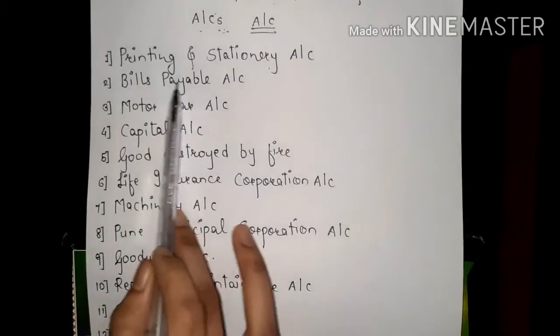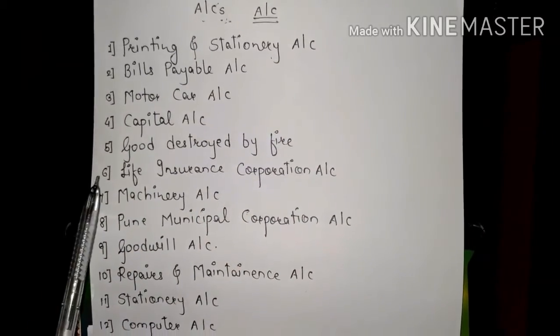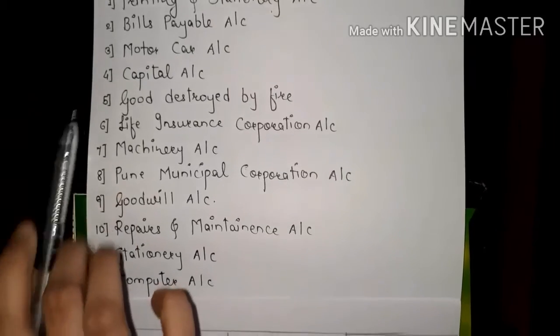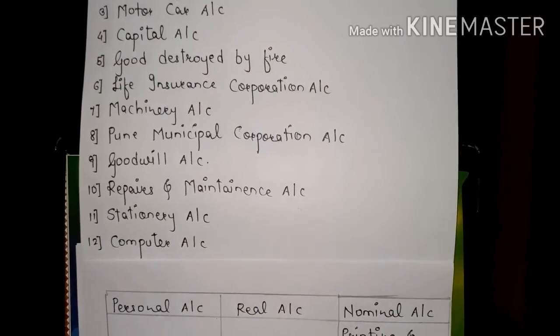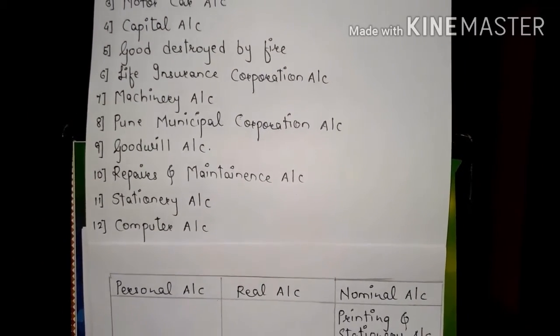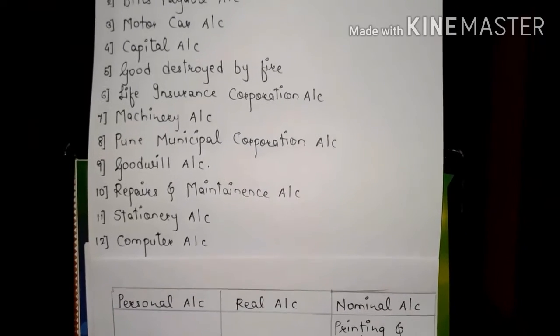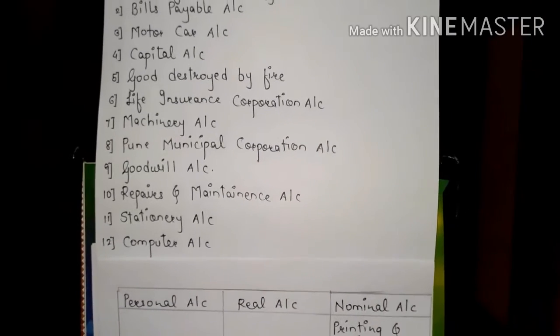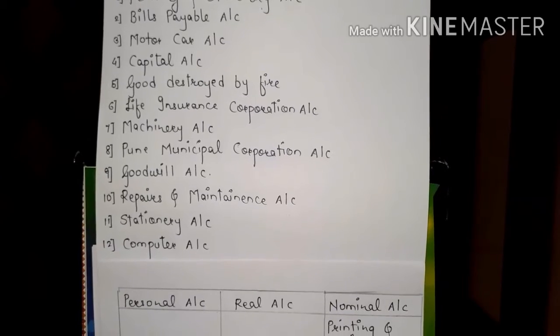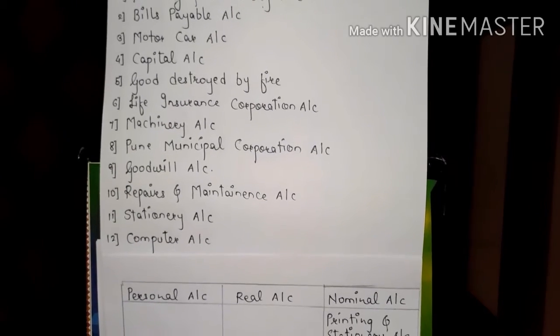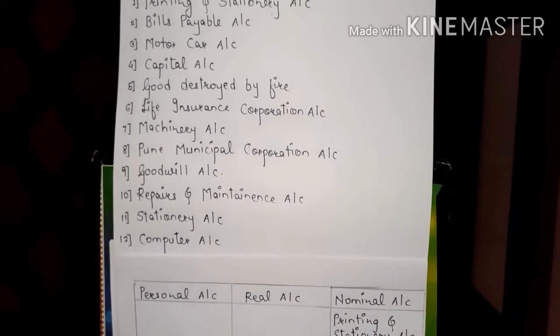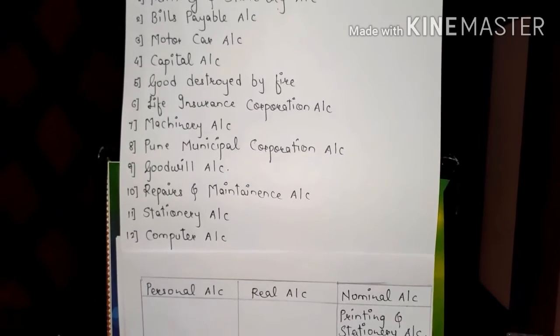Now this falls under personal account. Why personal account? Because it is the payment of the company. The company has to pay a certain amount of bill through its own money, through its own cash.